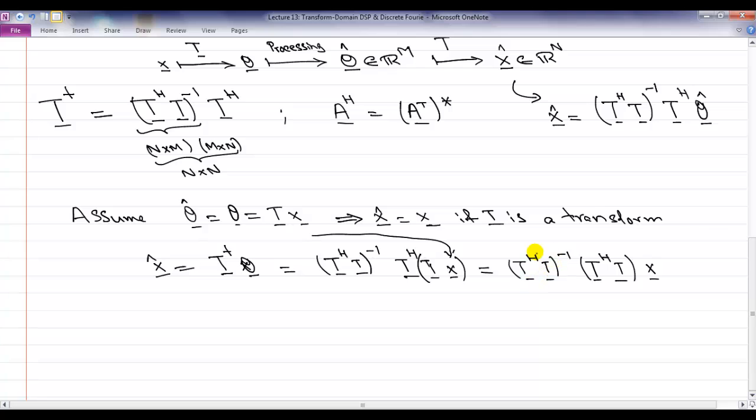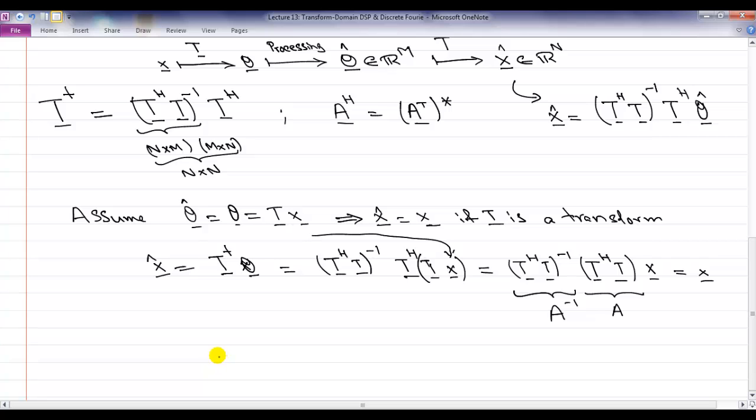And so this is a matrix T Hermitian T, and we are multiplying it with its inverse. If I define this as A, I'm multiplying A inverse with A. So what is A inverse times A? That is just identity, and I get back x.